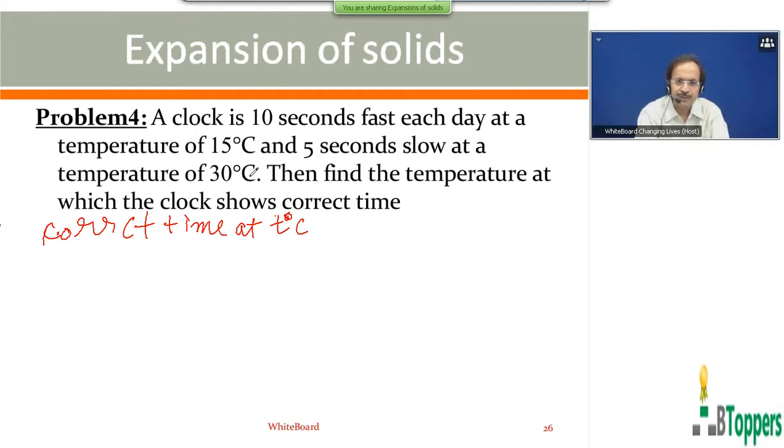So given that the pendulum clock gains time, 10 seconds fast each day at a temperature of 15 degrees centigrade, the pendulum clock gains time when the temperature falls below t. That means 15 degrees centigrade must be less than t.